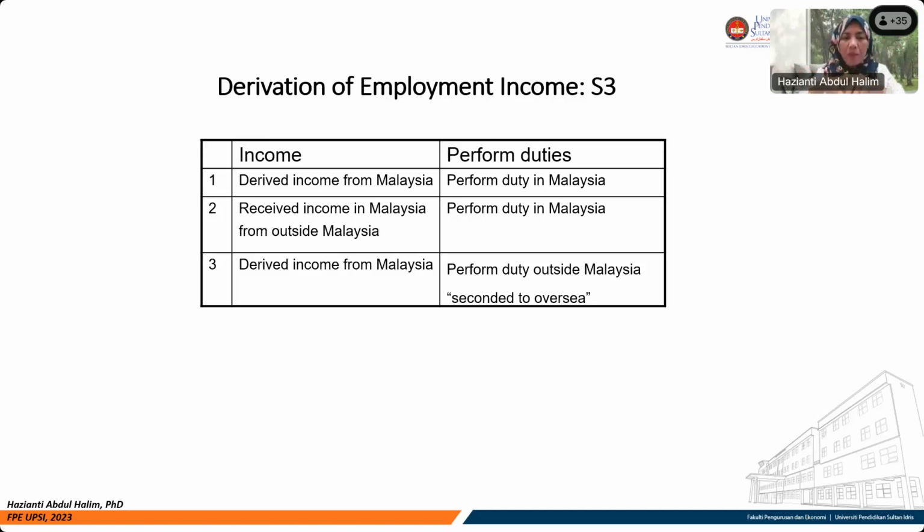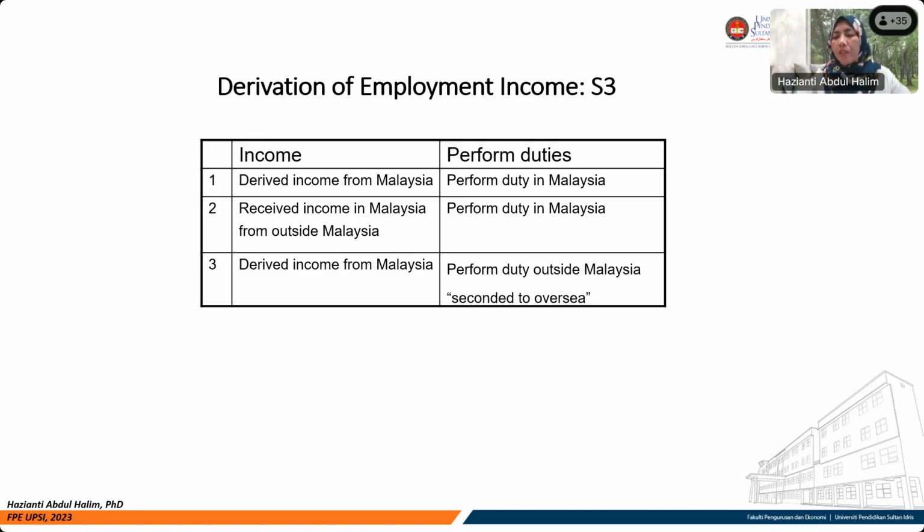Number three, derive income from Malaysia, but perform duty outside Malaysia. For example, some government servants or even in the public sector, you will be seconded to overseas, which means your company is in Malaysia, your employer is in Malaysia, but you have to perform duties overseas.